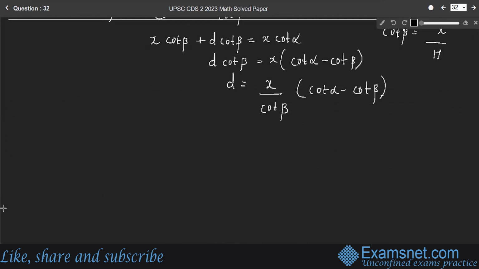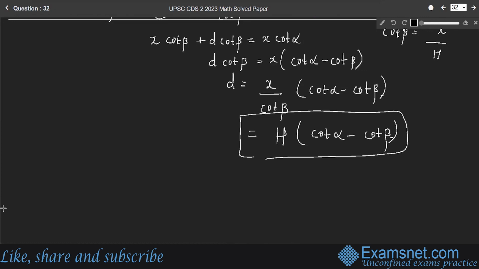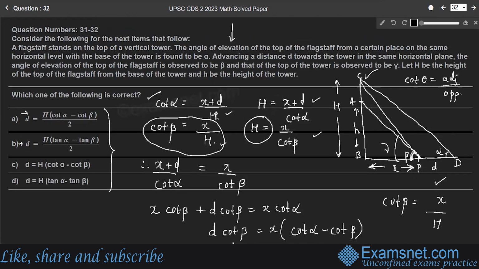So here we can write it as capital H into cot alpha minus cot beta. X by cot beta is capital H, right? Therefore, distance D is equal to H into cot alpha minus cot beta. So look at the options. So H into cot alpha minus cot beta, option C is the right answer.